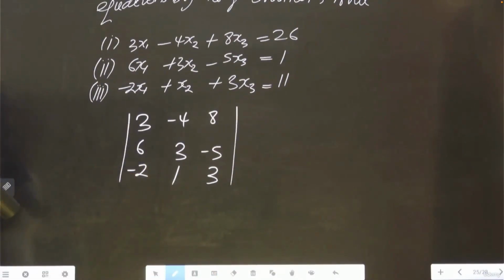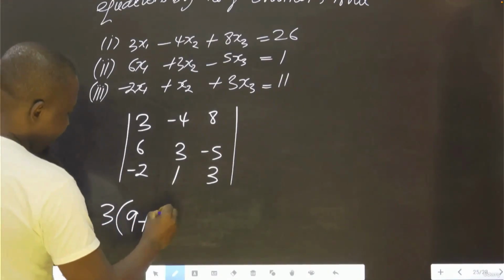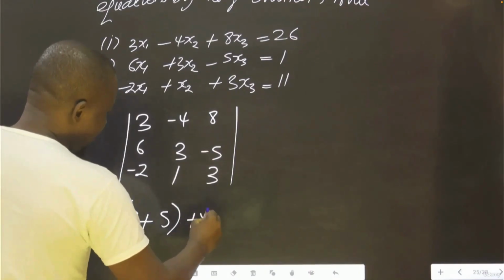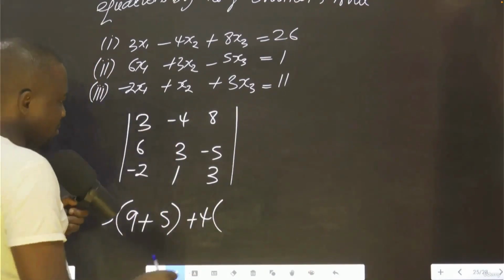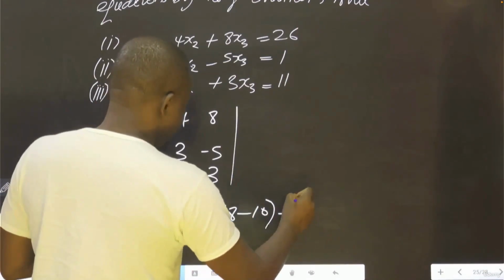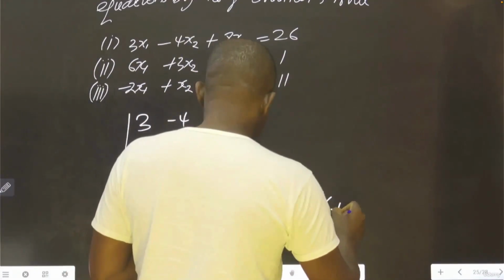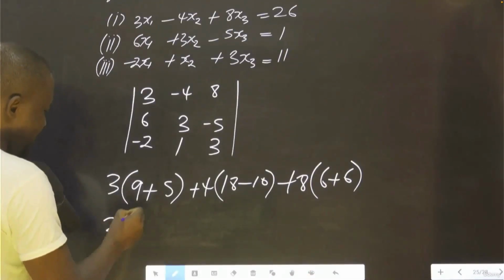First of all, I find the determinant of everything. You agree with me? This is 3 times 9 plus 5 plus 4, because of this minus, 18 minus 10 plus 8, 6 plus 6. This is 3.